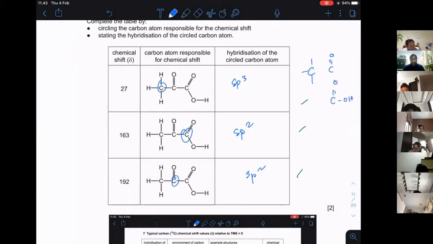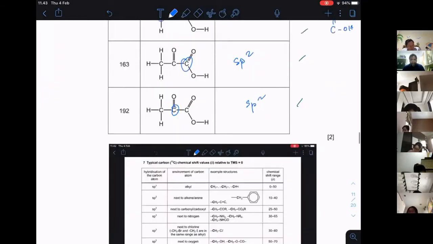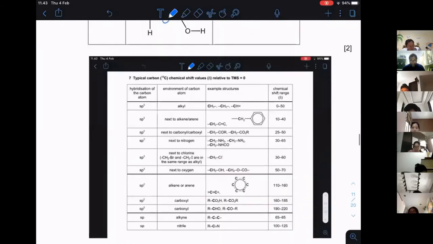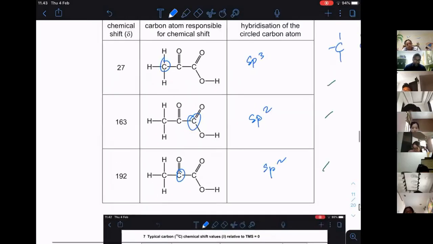If you have CH3, the chemical shift range is 0 to 50, so most probably this one, 27. It's going to be this carbon, so I select it.